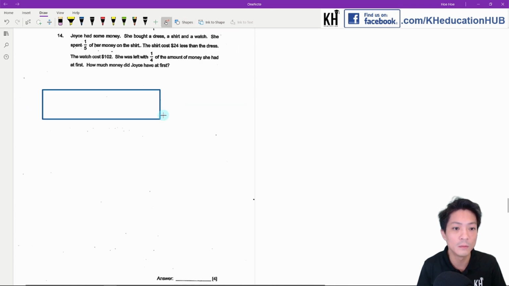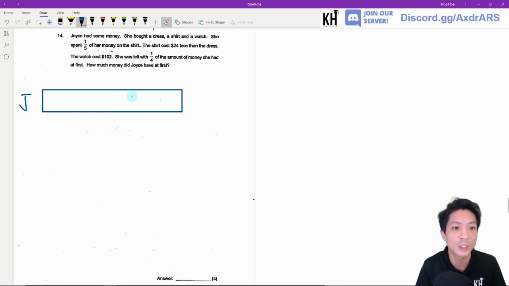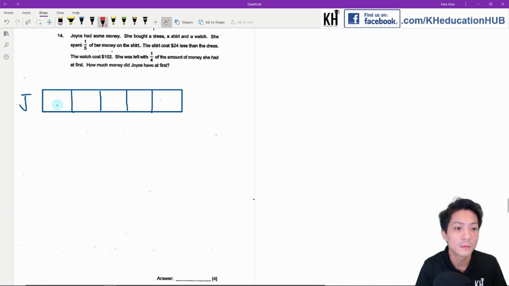Okay, we can try to draw a model. This would be the total amount of money that she had at first. So since she spent 1/5 of her money on a shirt, I'm gonna cut this into 5 parts. Okay, 1/5 of her money on a shirt.